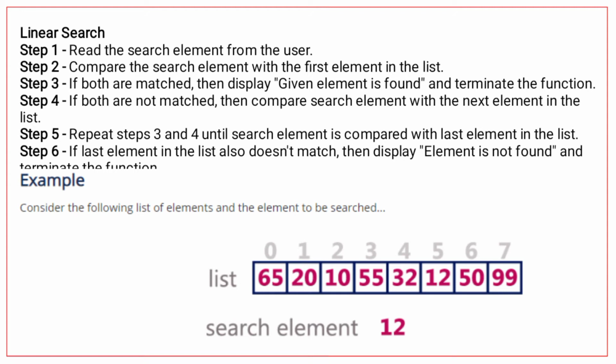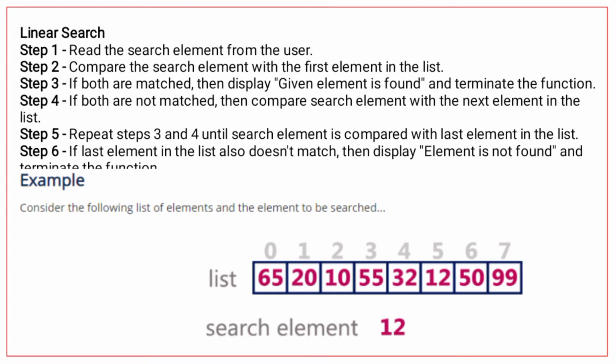If both are not matched, then compare search element with the next element in the list. Step 5. Repeat step 3 and 4 until search element is compared with last element in the list. And step 6. If last element in the list also doesn't match, then display element is not found and terminate the function. Now here we discuss example.